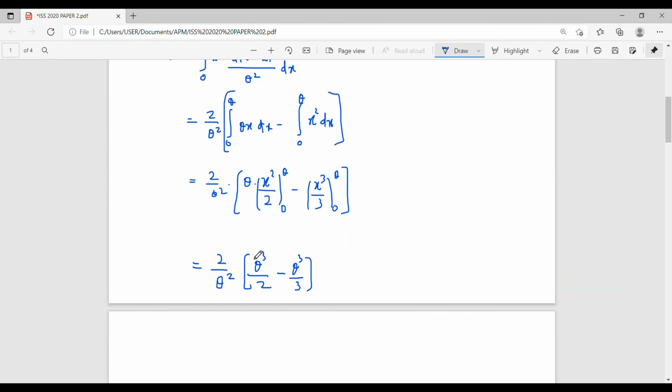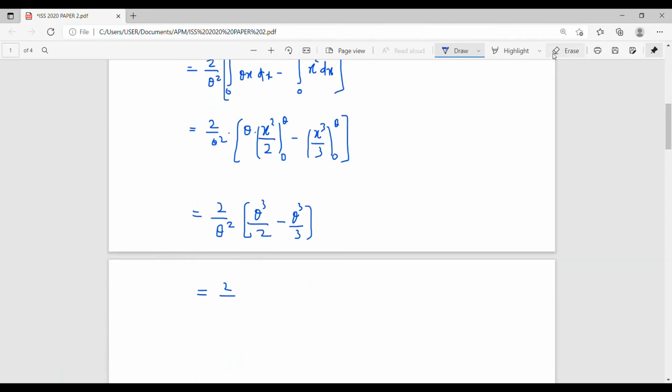Taking theta cube outside and cancelling, we get 2 into theta into (1 by 2 minus 1 by 3), which is 1 by 6. So it is equal to theta divided by 3.